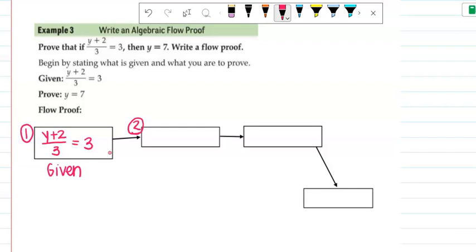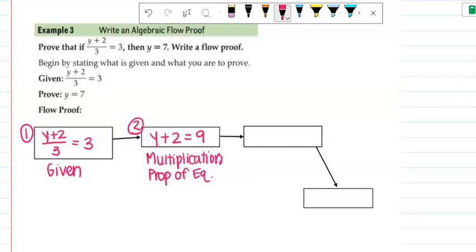So if I just multiplied the left by 3, I know that all that I would have left is y plus 2. And then on the right, I would have 9. So if I'm just doing it in my head, I get to skip that substitution step. But since I multiplied, this would be my multiplication property of equality.